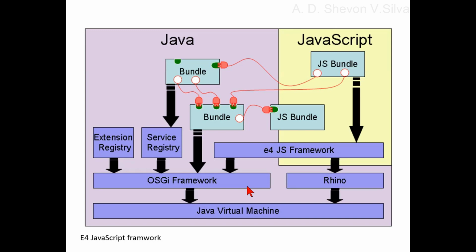Similarly, the E4 JavaScript framework provides an Eclipse extension factory for instantiating Eclipse extensions written purely in JavaScript. A JavaScript bundle can simply declare a plugin.xml file with its contribution to the extension registry without writing a line of Java code.